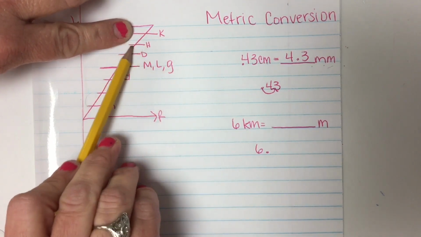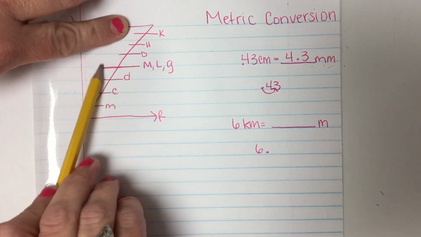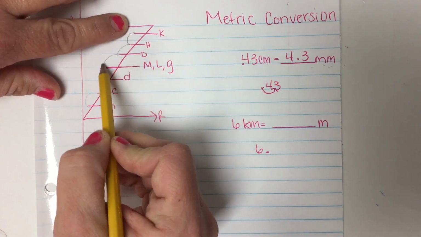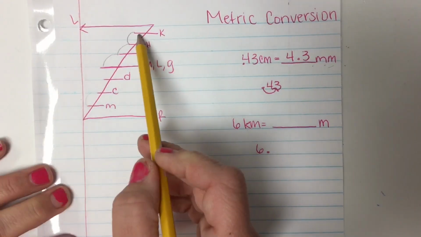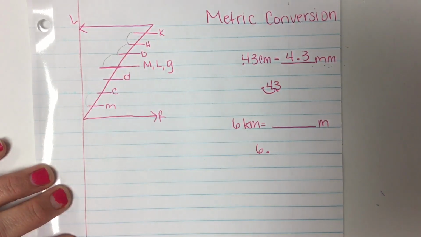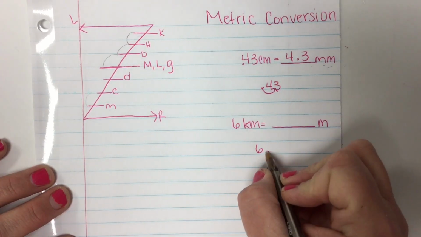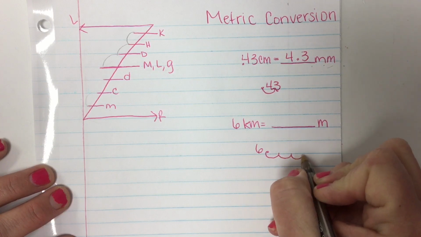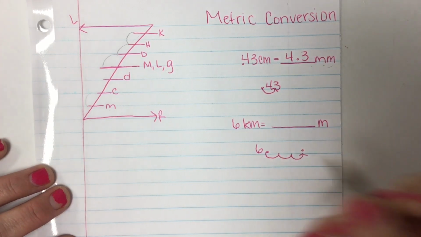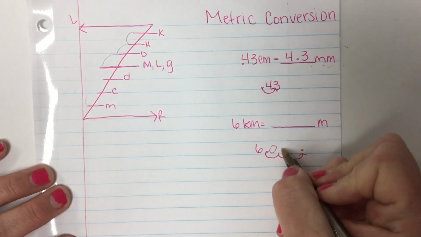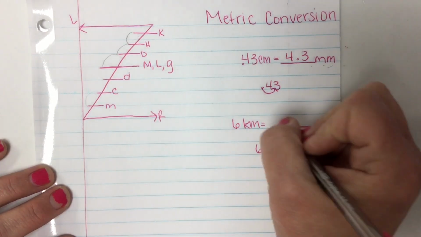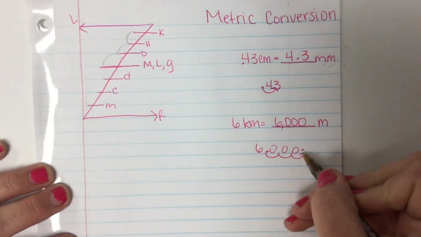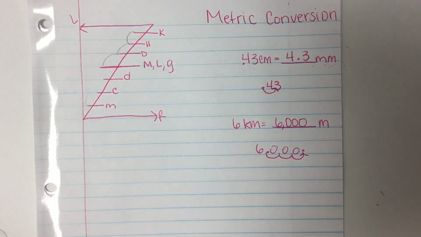So I'm going 1, 2, 3 steps. I made 3 jumps, and I went down, so I'm going to be moving to the right. I'm going to take this decimal and move it 3 places, 1, 2, 3 to the right, and then fill in the holes with zeros. So 6 kilometers is 6,000 meters. Remember, once that decimal's at the end, you don't need it anymore.